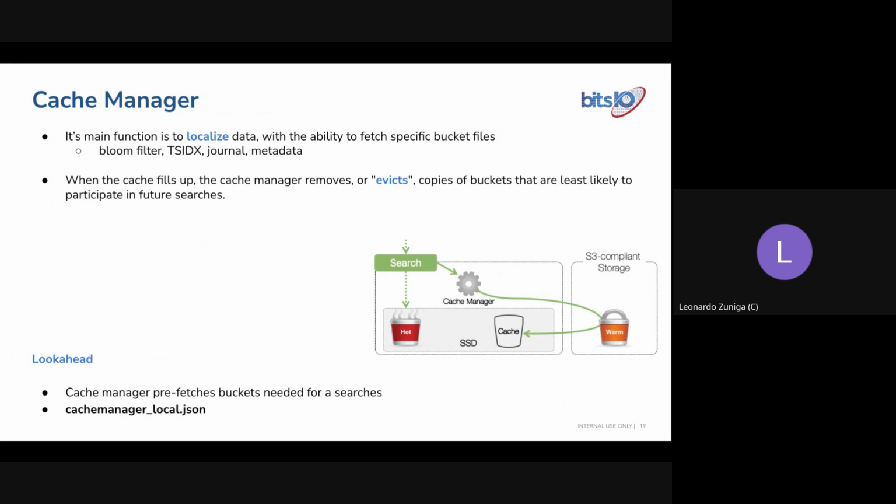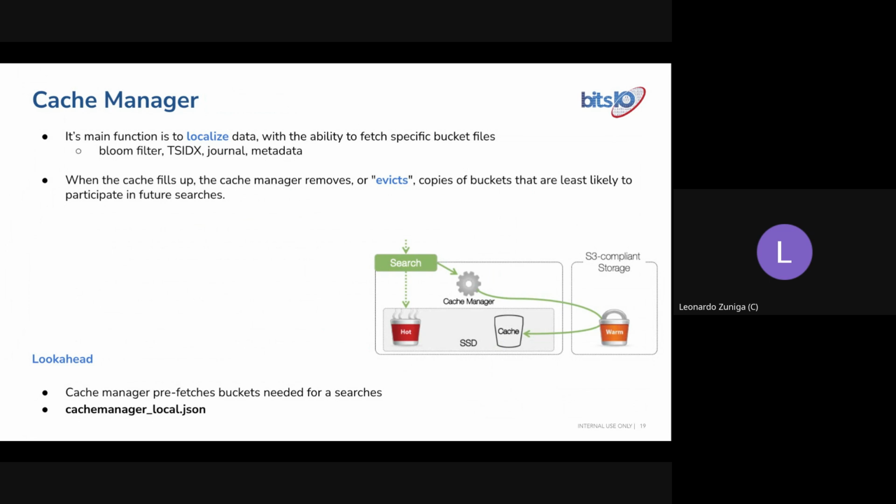When a search runs, it will process hundreds or X amount of buckets, so going one by one would not be really efficient. So the cache manager will go ahead and fetch, if I'm not wrong, 10 buckets by default. So it will be prefetching buckets.